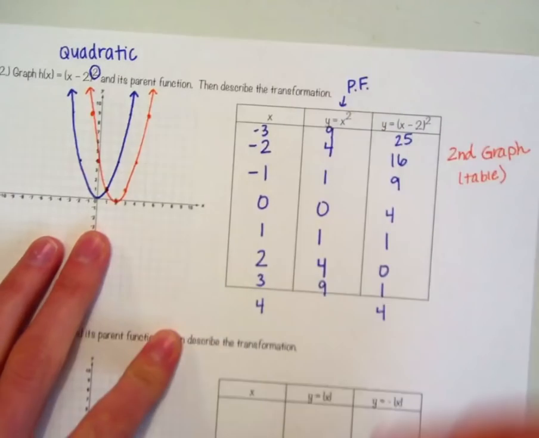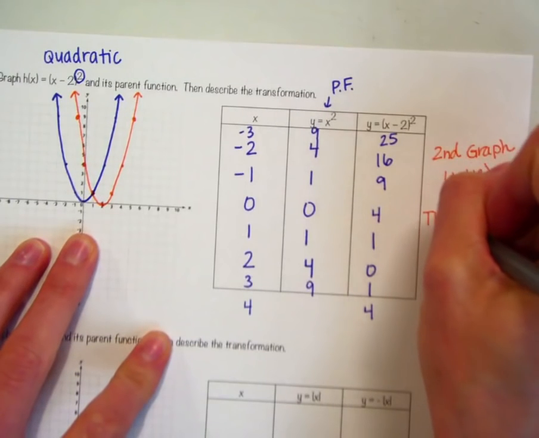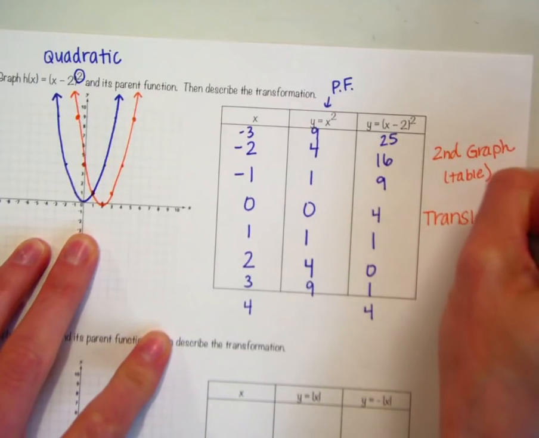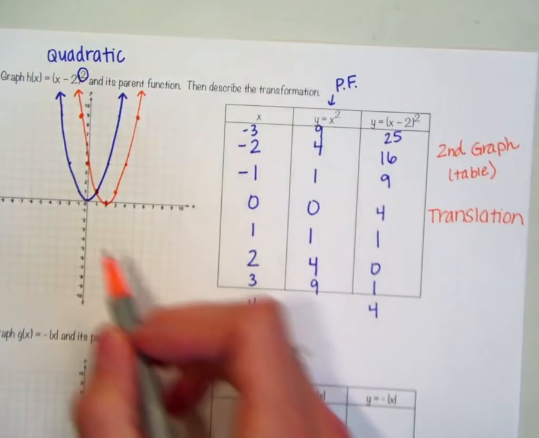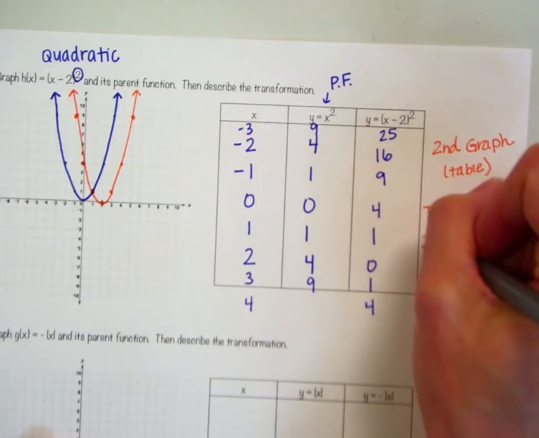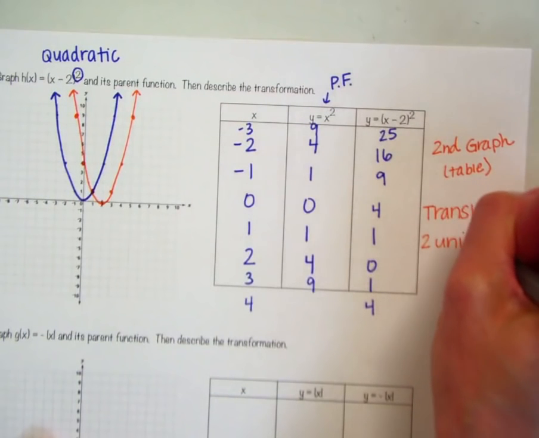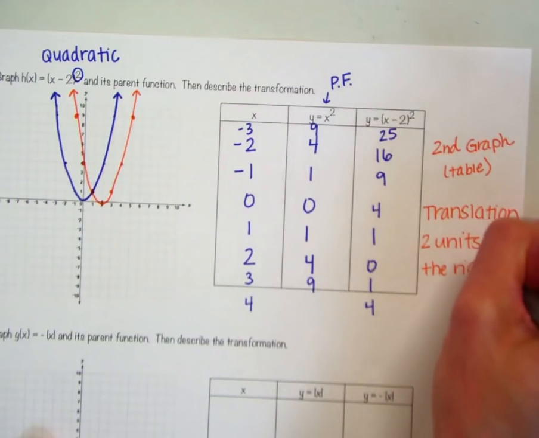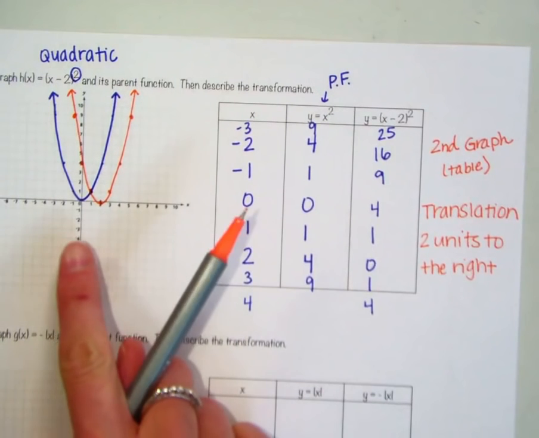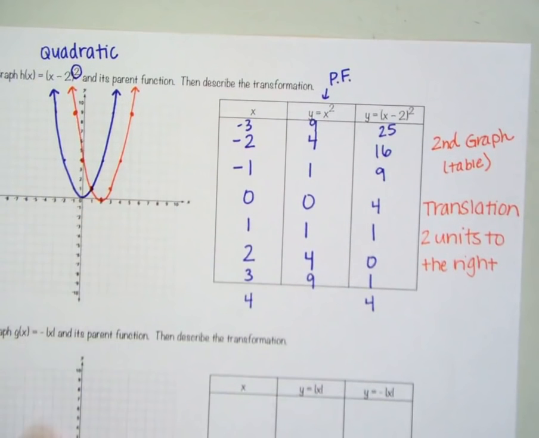So what we did, this is again another translation, because a translation is when you just move something. And we went 2 units to the right. We took this parabola and shifted it 2 units to the right.